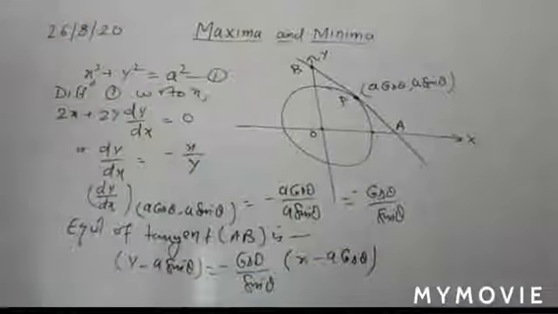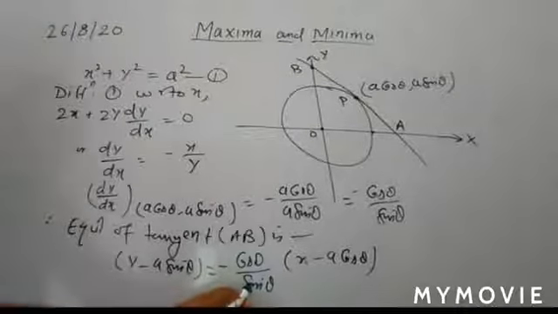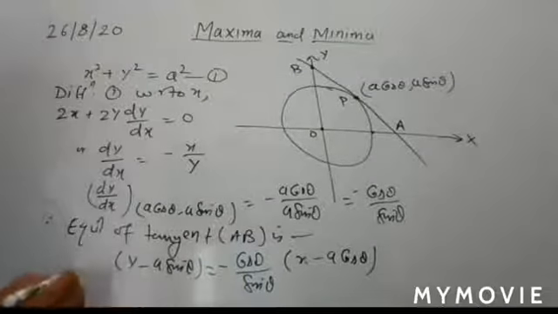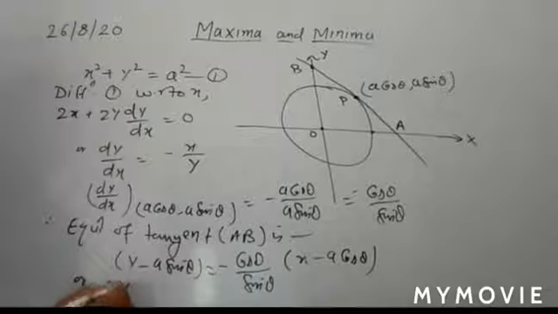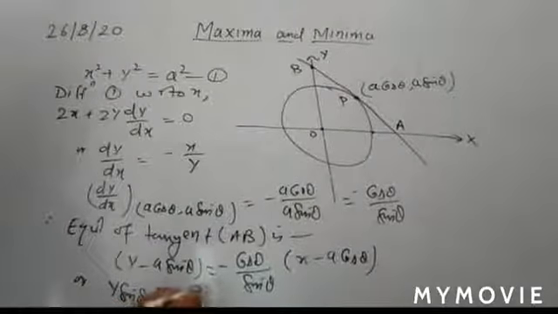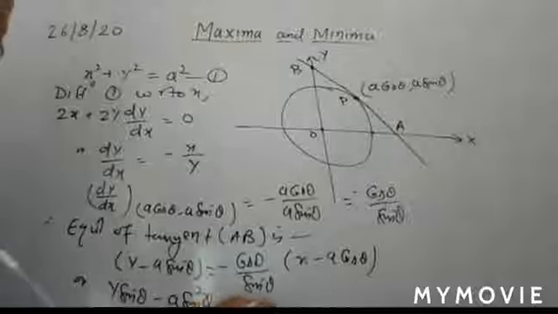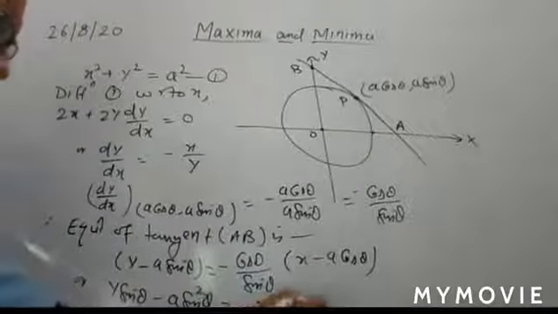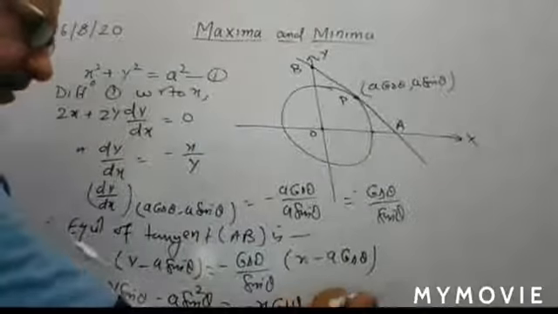Now multiplying sin theta to the left side, you have y sin theta minus a sin square theta is equal to minus x cos theta plus a cos square theta.